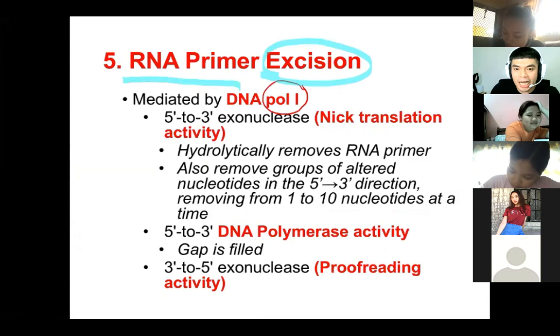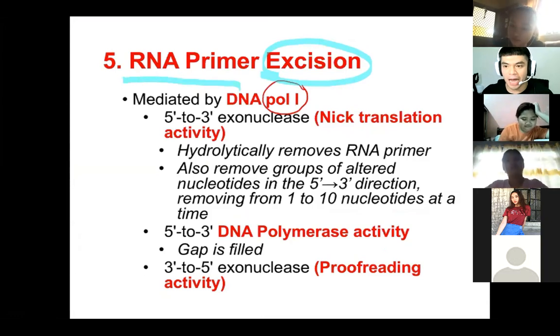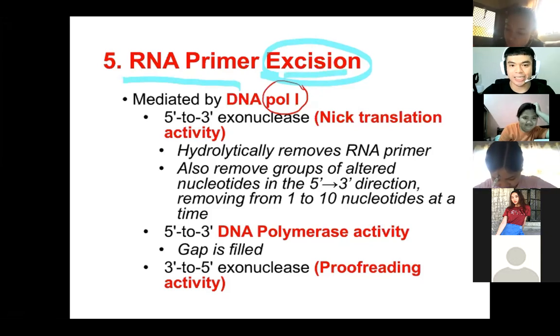Question, importante ba ang RNA primer para maging active ang polymerase in general? Yes. Pero hindi habang buhay, dapat nandun ang primer. There will come a time that this RNA must be removed. Kaya nga excision means removal of the primer. Aalisin siya. At ang nag-aalis doon ay si DNA polymerase 1.